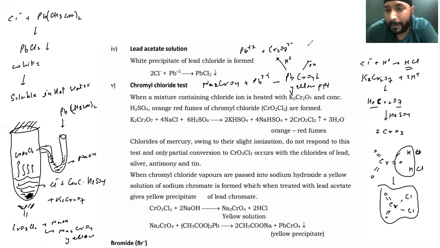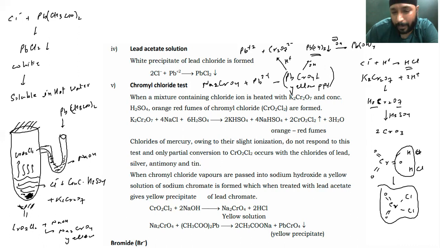With OH minus, first a precipitate of Pb(OH)2 will form, and lead hydroxide, being amphoteric in nature, will readily dissolve to form the [Pb(OH)4]2 minus complex. So this complex is soluble in excess of base, and the precipitate is soluble in acidic medium.